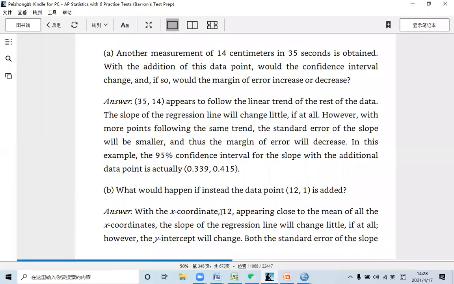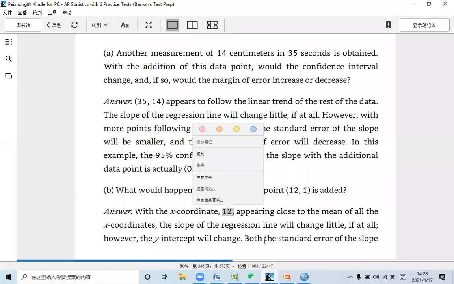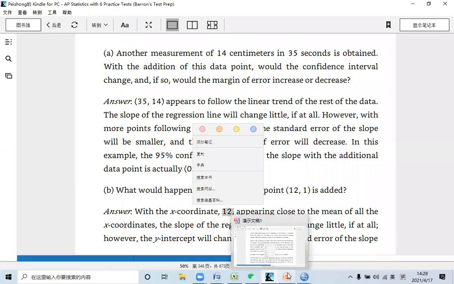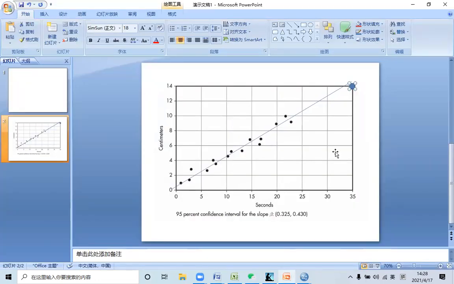Oh, 12 is on x. So that'll be 12 and 1. 12 seconds, crawling only 1 centimeter.